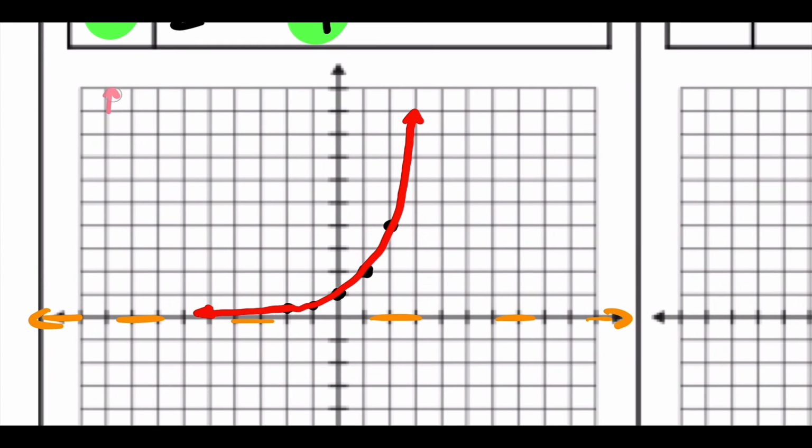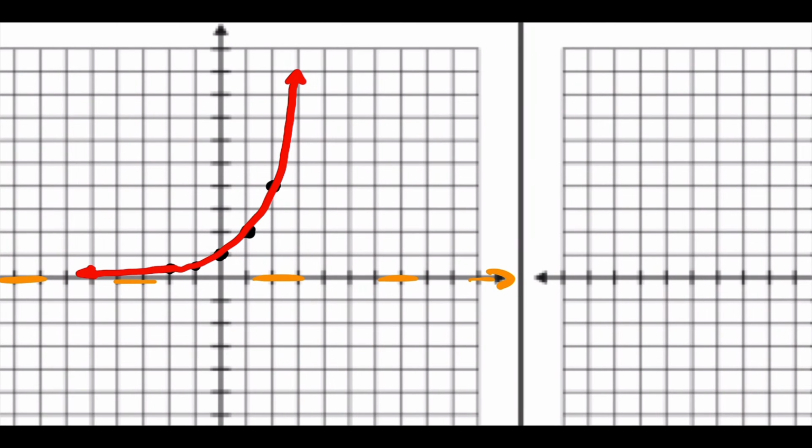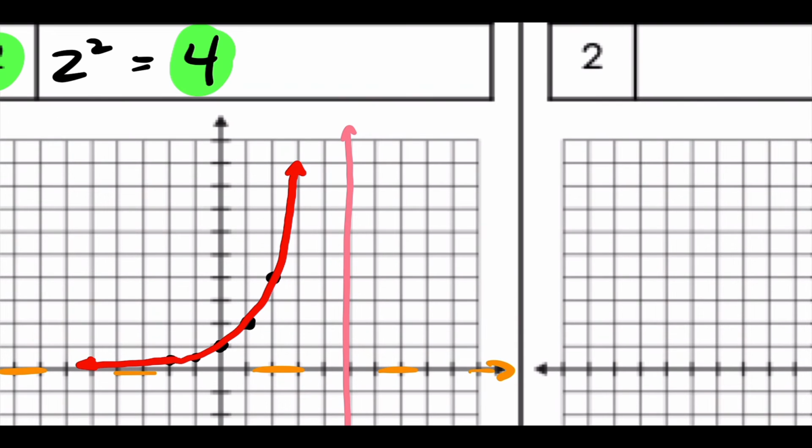Now let's do the other side. So let me draw another line, say one right there. If that red arrow up here kept going, would it eventually cross over that pink line?